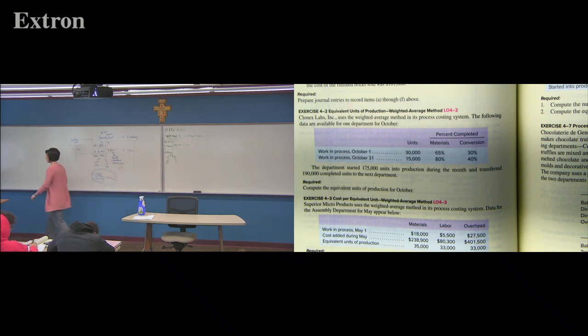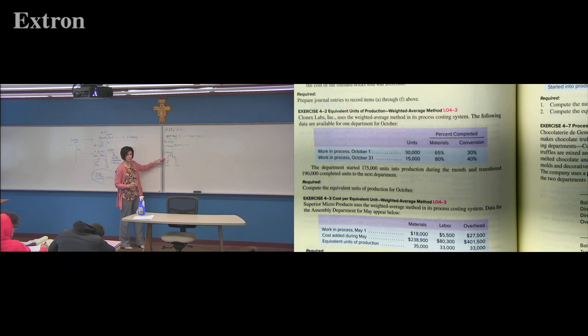So we need a calculator. 80% of 15,000 is what? 12,000, right. So 12,000 units are completed in terms of materials, and then 40%, since 40 is half of 80, it'd be 6,000 units, right? So 15,000 units times 80% is 12,000, and 15,000 times 40% is 6,000.